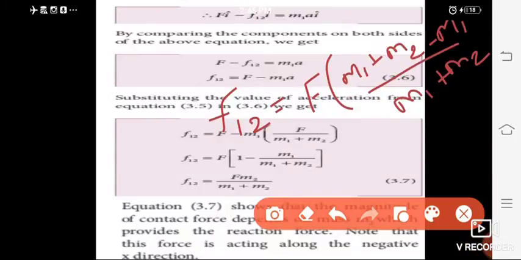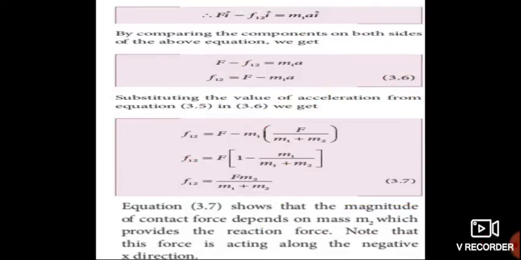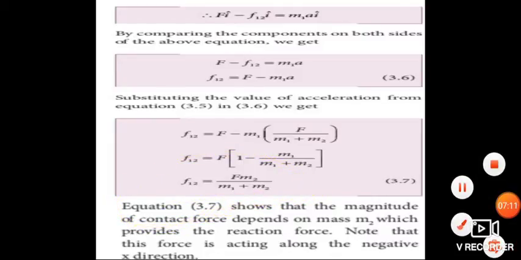We take the LCM. Okay students, so m1 cancelled. What is remaining? F into m2 divided by m1 plus m2. So F12 is equal to F m2 divided by m1 plus m2.